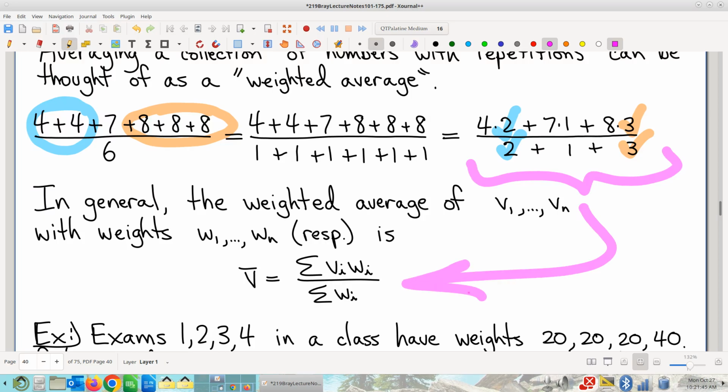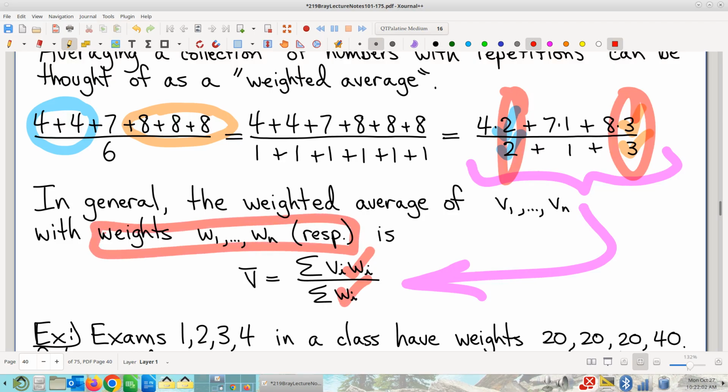You will notice that this formula for a weighted average generalizes pretty easily. You write it down as this formula right here. And these numbers, how many times we counted which numbers that were being multiple counted, show up there and there. These are what we call the weights. It's just a way of saying how many times more than other numbers we are counting them.